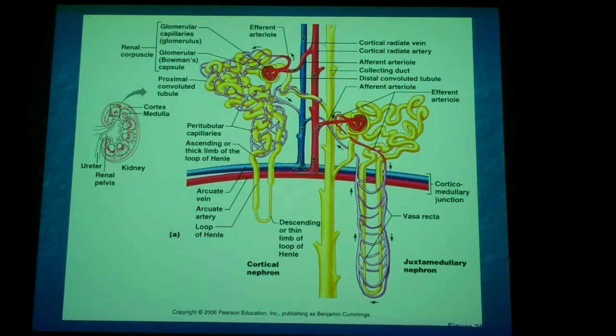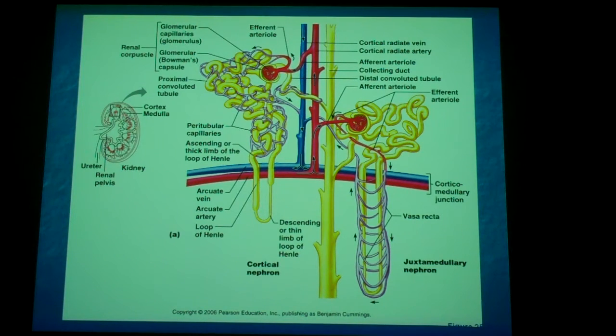And on the way, we can adjust the concentration and composition of that urine even more. So what's coming down the collecting ducts here is not necessarily of the same composition and concentration as what's stored in the bladder.